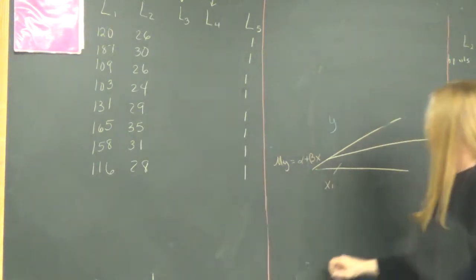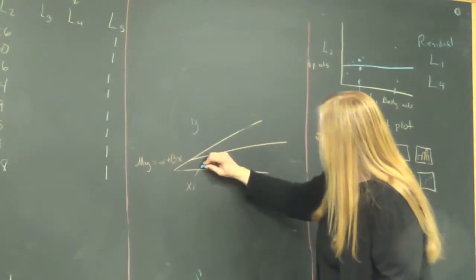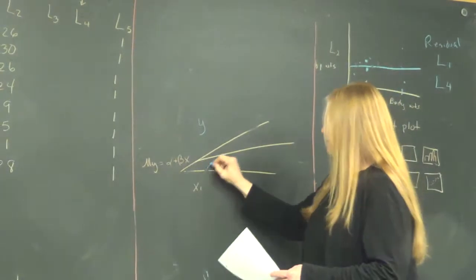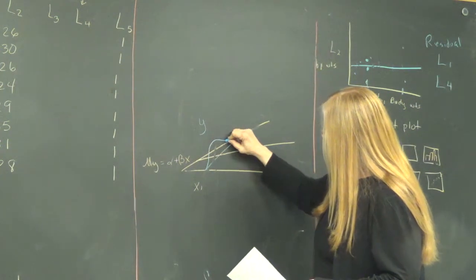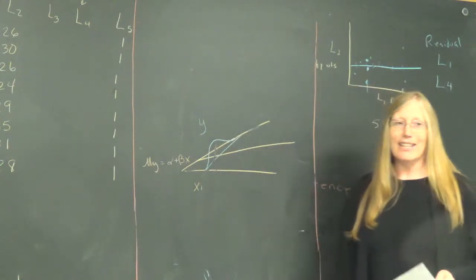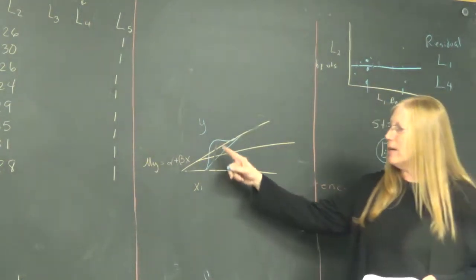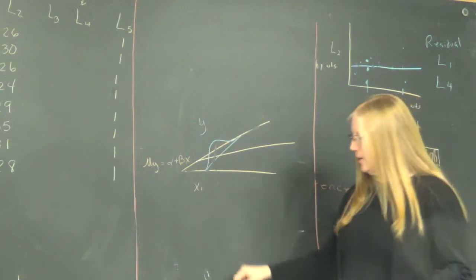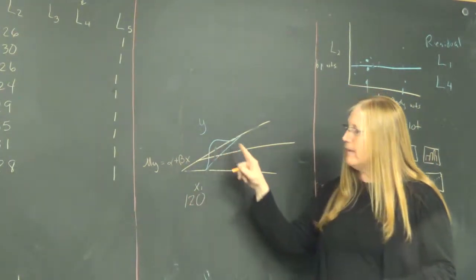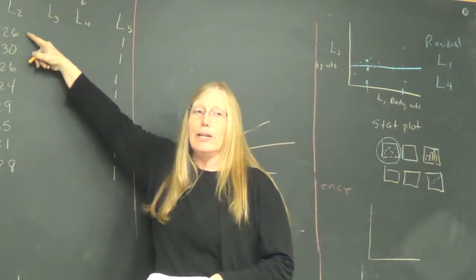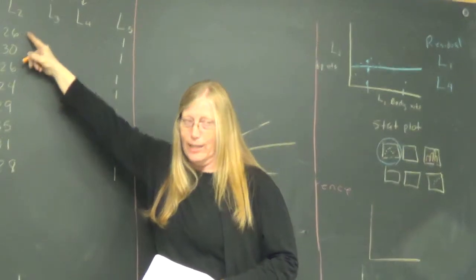So here's what their distribution would look like across from X1. It would look like a normal curve, with all the values that are possible at 120. So we don't have just one value that comes out. We have a normal curve of values that come out.